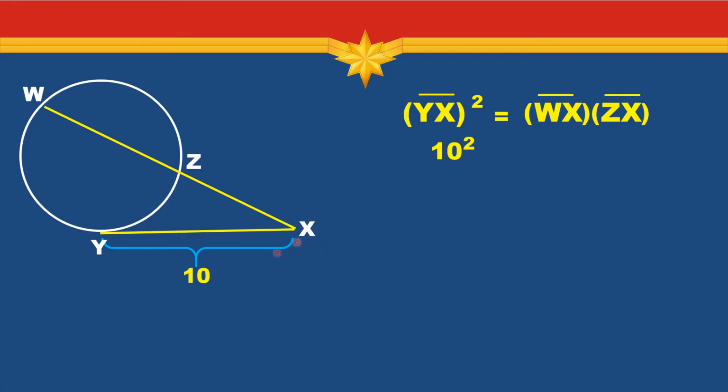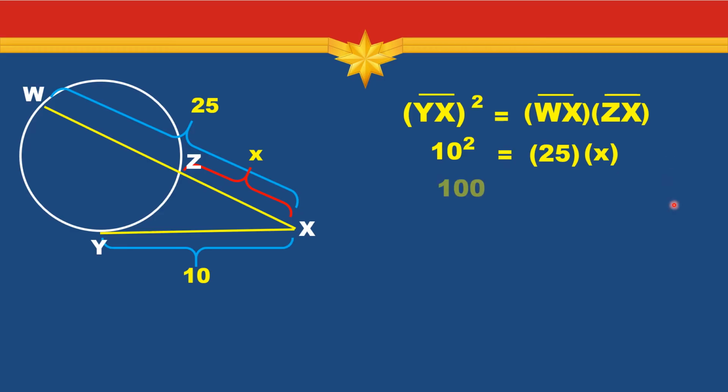So, substituting, if tangent is 10, so squared natin yun, equals isang buong second is 25 times yung ang nawawala natin ay yung external second segment niya. Ayan. So, we have 10 squared is 100 equals 25 times x is 25x.